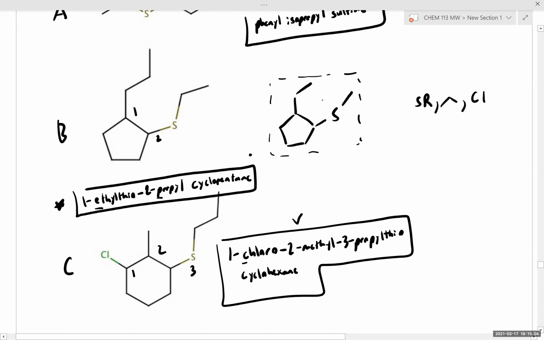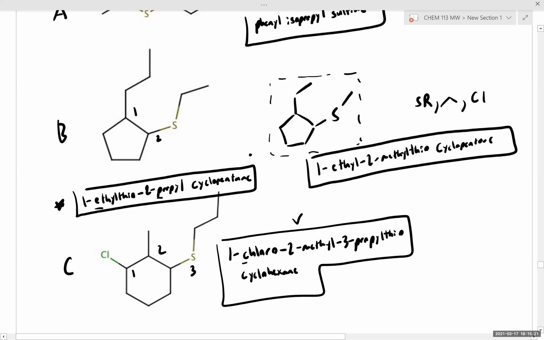Looking up at this second compound that we drew out, one student noted that the full name for this compound is 1-ethyl-2-methylthiocyclopentane. Now, this is a very important example as it illustrates this idea that your tiebreaker is alphabetical order when you have substituents of the same priority with identical locant numbers.